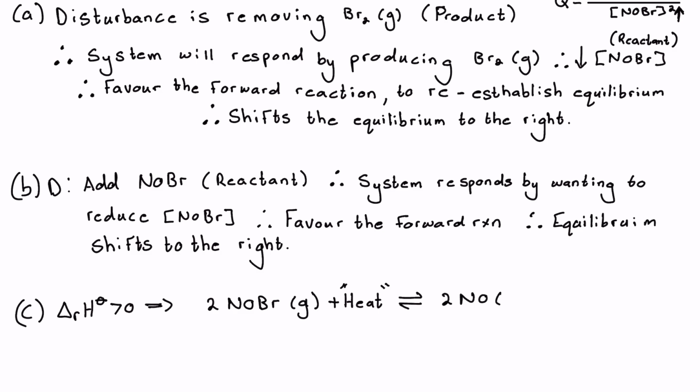And then we form nitric oxide plus bromine gas. Because it's endothermic, the reaction absorbs heat to proceed. Now, increasing the temperature has the same effect as adding heat.